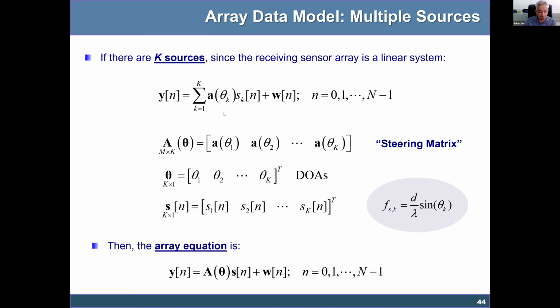So you have the summation for k that goes from 1 to the number of sources or the number of targets of A of theta k.